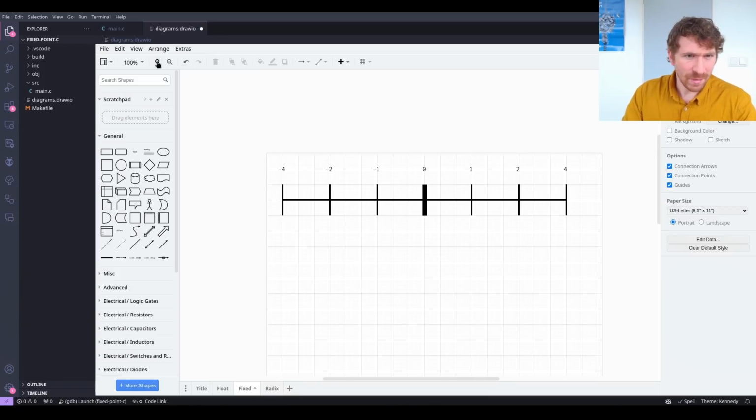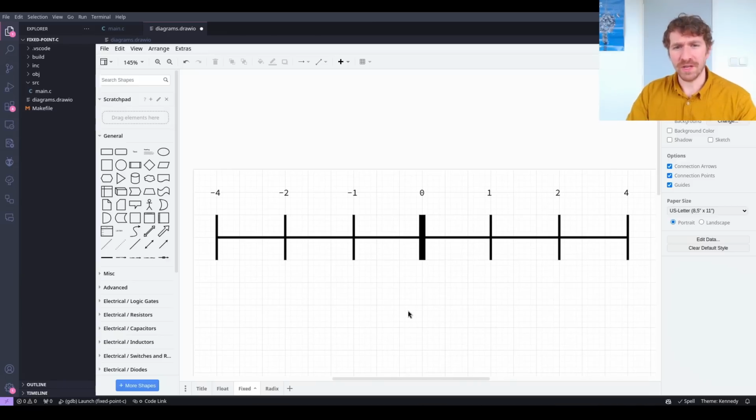Well, this in comparison is a fixed point number line, right? None of this stuff is really to scale or with the absolute real true values that you would see. But what we see is that between 0 and 1, 1 and 2, and 2 and 4, we actually have the same number of numbers. Everything is evenly spaced. But we're not able to represent as many numbers, right?